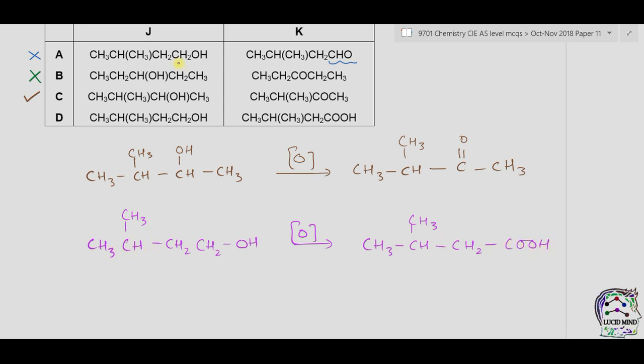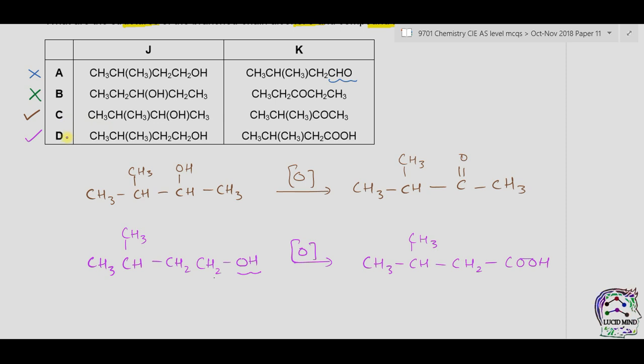Now as we can see that J is branched chain alcohol, this is true, and K is the correct product from primary alcohol to carboxylic acid, this is also true, so it could be D. Now let's differentiate between C and D on the basis of spectra.